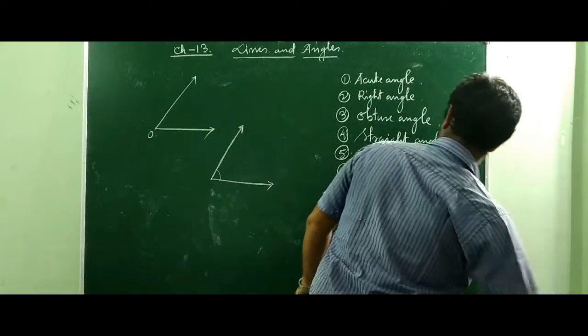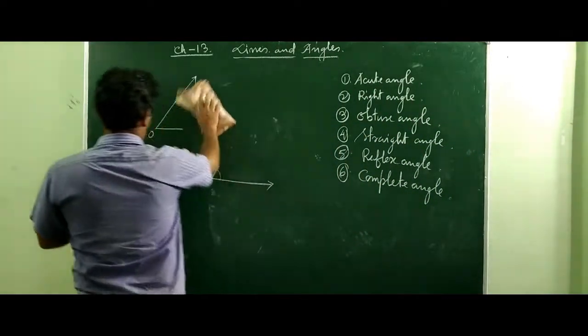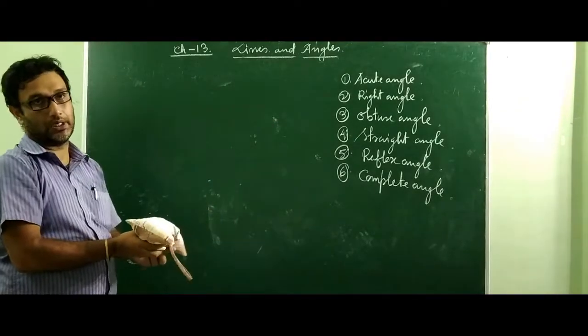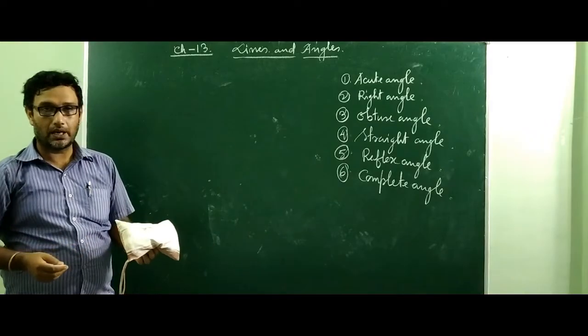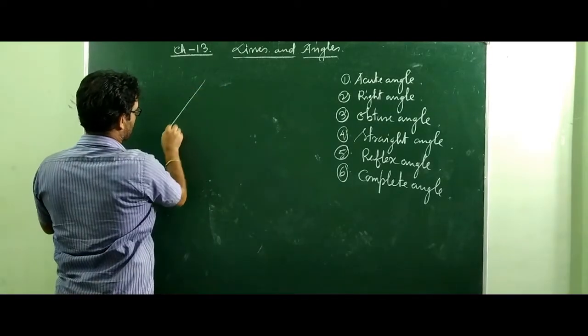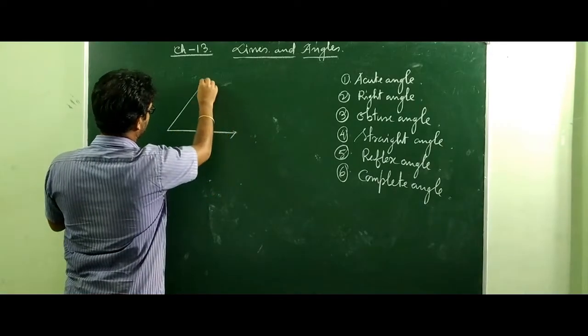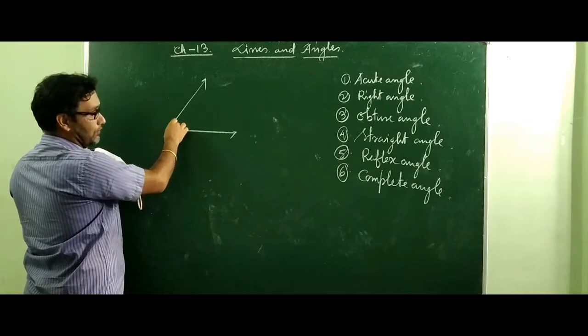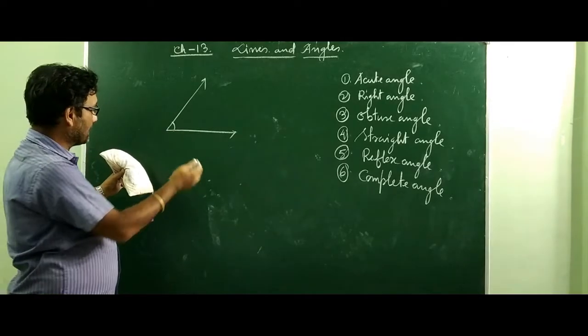Acute angle means what? If the measure of an angle is more than 0 degree but less than 90 degree, then the angle is called acute angle. Suppose the angle is like this. If you measure it with a protractor, you will get less than 90.